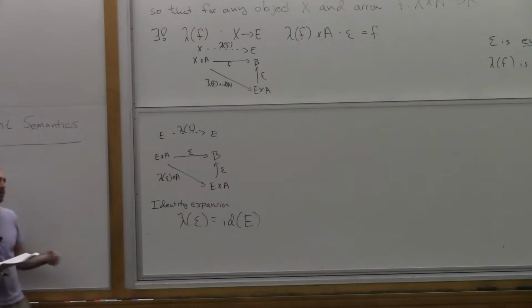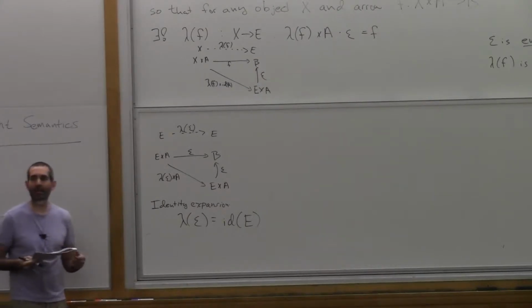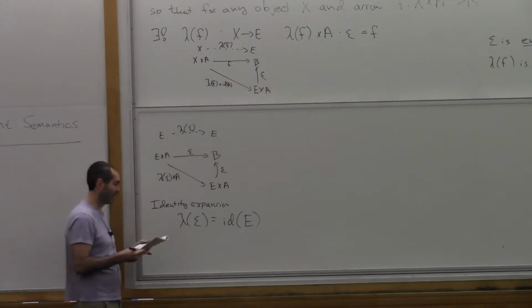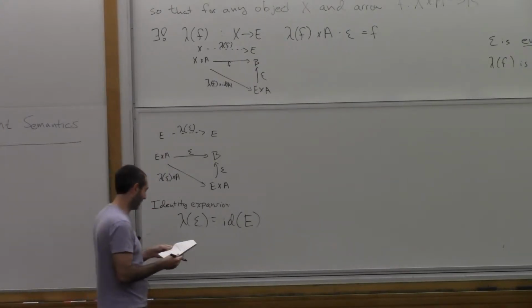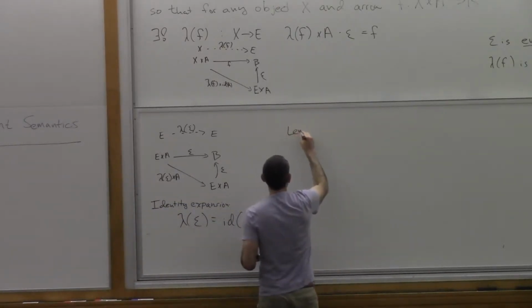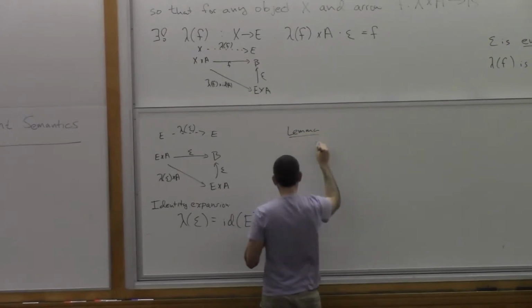Notice I've been very methodical about using the same pattern each time I introduce a new universal construction: identity expansion now for all of the universal constructions that we've met. And then we have a lemma, which I'm not going to prove, but you should be able to guess the statement of.